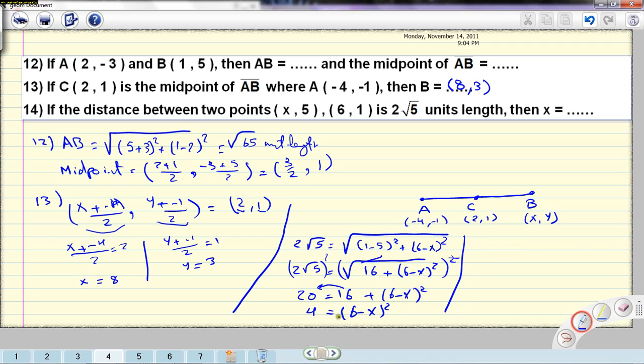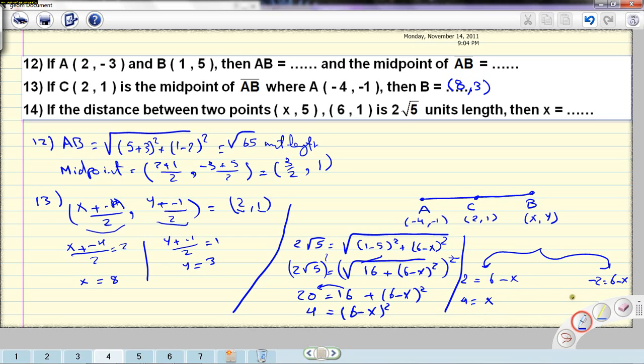Okay, we take a square root, so we have two answers. The square root of 4 is 2 or negative 2, equals 6 minus x. We move 6 over and divide by negative 1. Finally, x will be 4.